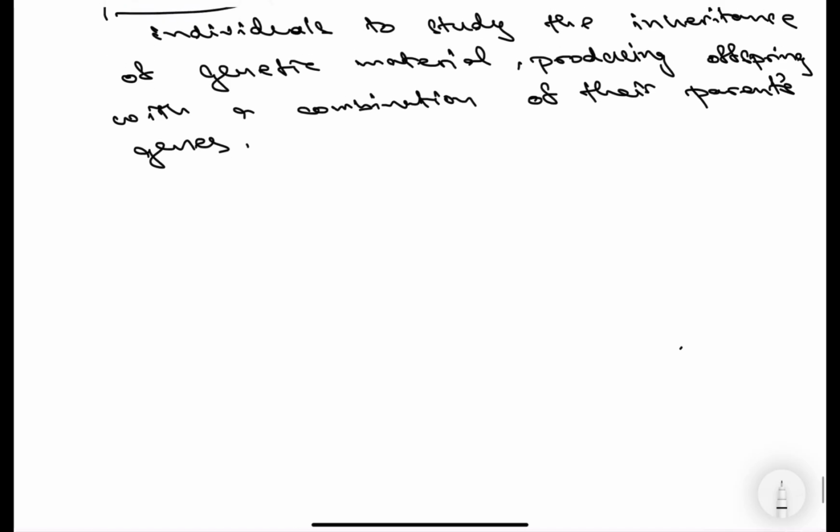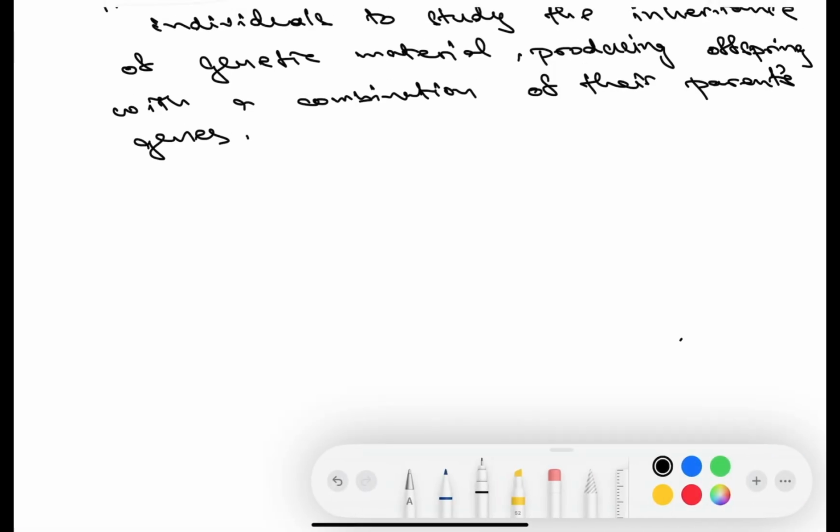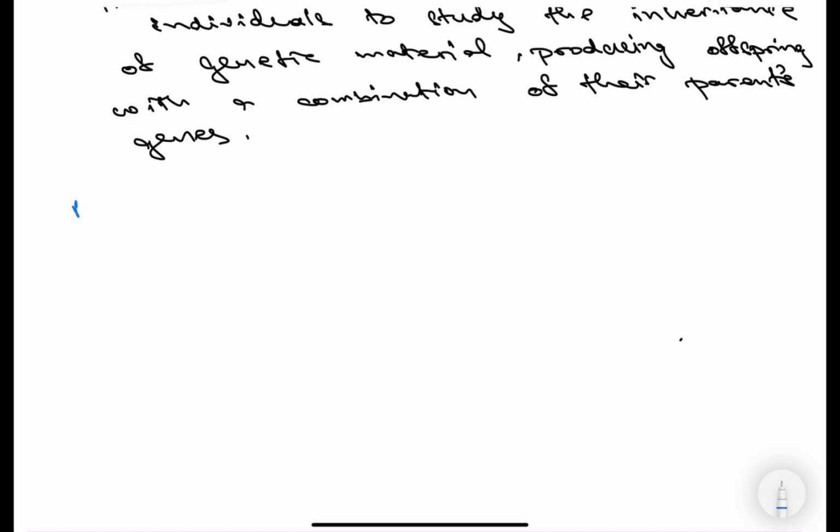We will mainly consider three types of crosses, but there can be a tetrahybrid cross as well. The first is the monohybrid cross.